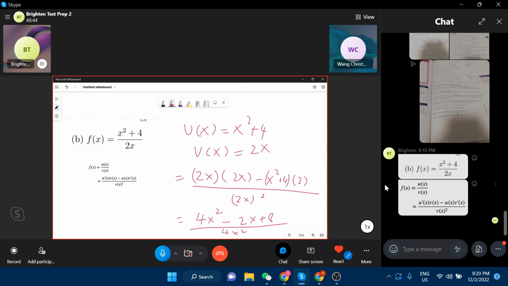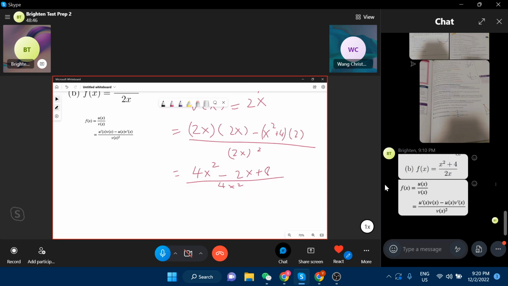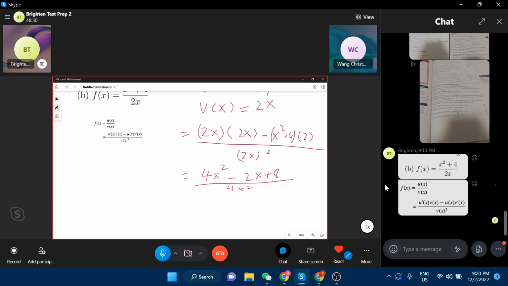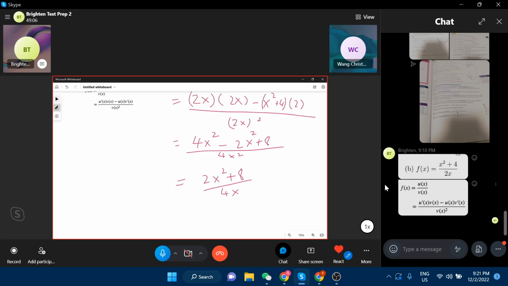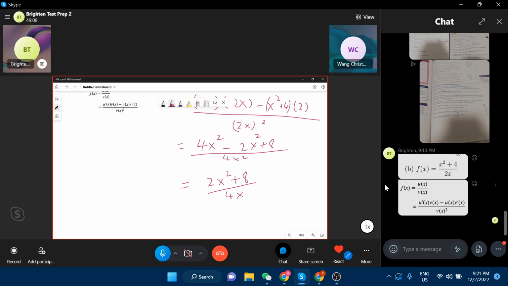Wait, is it 2x squared plus 8? Oh yeah, sorry, 2x squared plus 8. Yeah, you're right. So then this becomes 2x squared plus 8 over 4x squared, correct? Yeah.